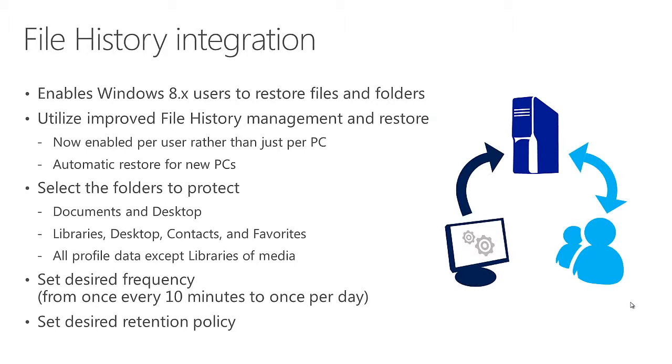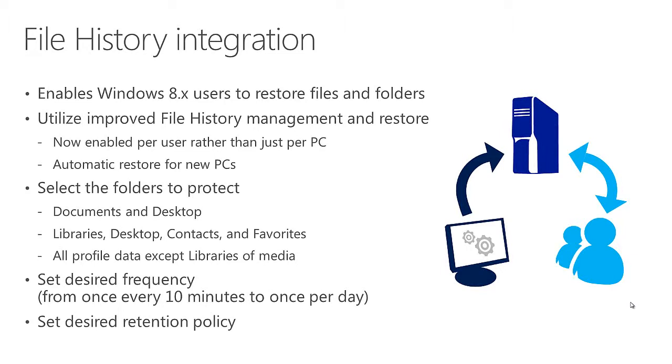The last thing that I wanted to talk about in terms of storing data is the file history integration. If you have users with Windows 8 or Windows 8.1, then file history integration is a great way to back up that data and allow end users to get access to previous versions if they accidentally overwrite or delete a file.